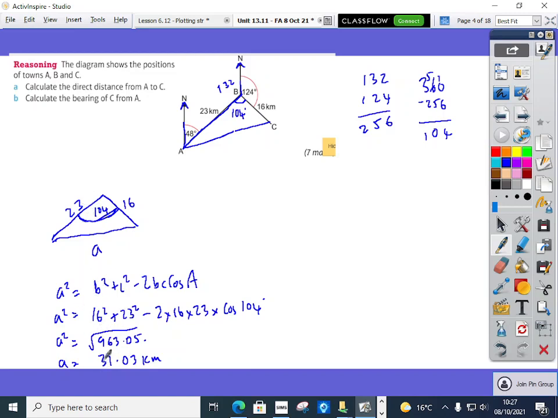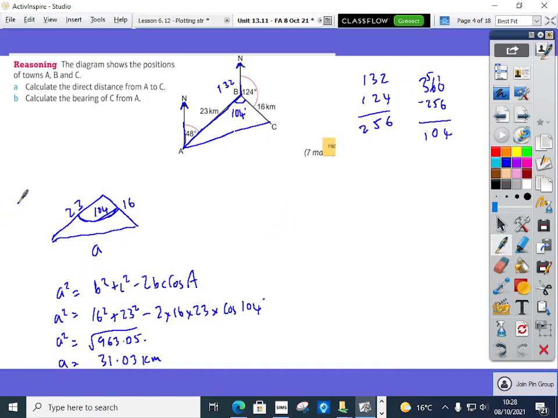The number has to be bigger than 23, the biggest side there. The other thing is sometimes what kids do is forget to square root it. 900 and something is too big. You should see that and say 900 is too big compared to the other sides, so it can't be that either. So just a couple of things to give you a heads up when you're doing this kind of question.